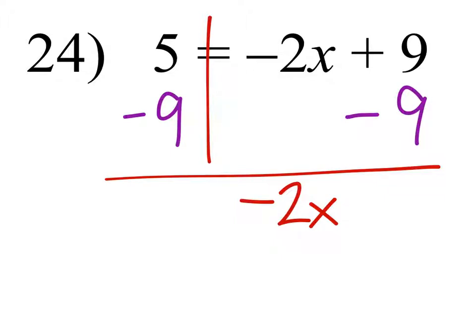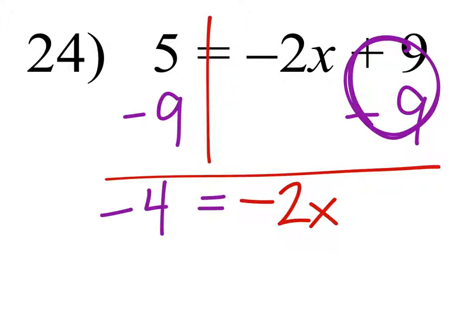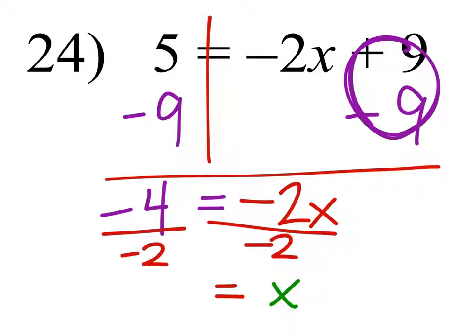So if I subtract 9, that's going to give us a 0 pair out of count. So this equals 5 minus 9, which is negative 4. Now we can get the coefficient of x to be 1 by dividing both sides by negative 2. So in this case, x equals 2.